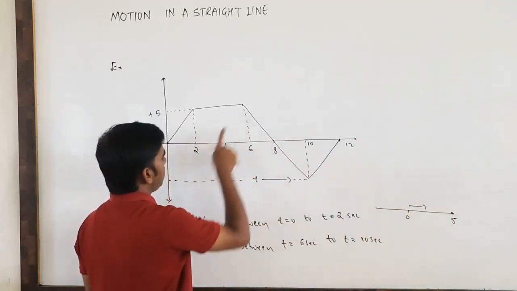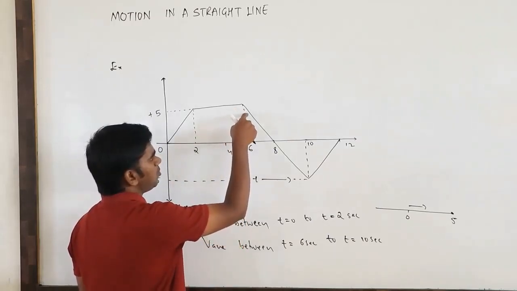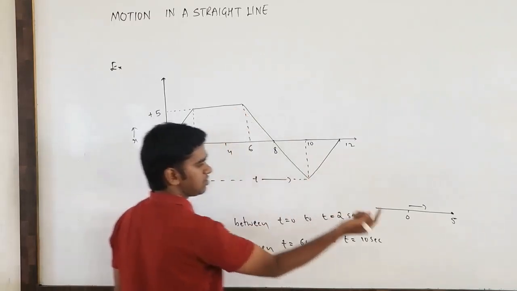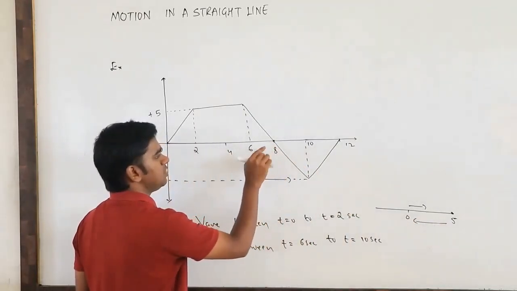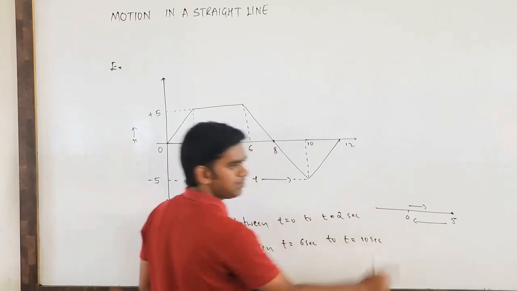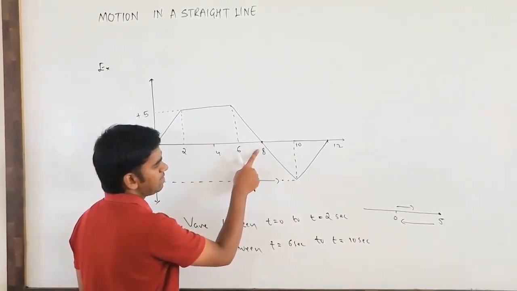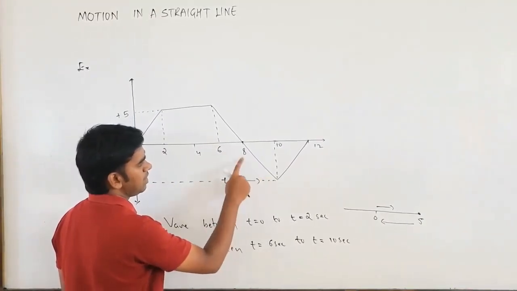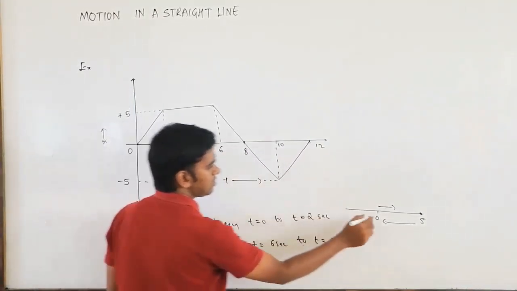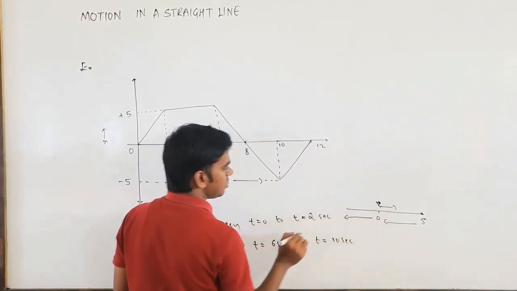Again, after 4 seconds, from 6 seconds the displacement or position is decreasing, means it changes direction. So it is coming back towards O. So it comes here to 0, and displacement 0 means it reaches the origin or reference point. Again from here the displacement is going to be negative, or position is going to be on the negative side, means from 8 to 10 seconds it is coming in this direction.